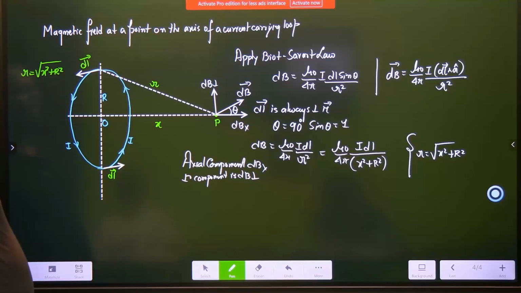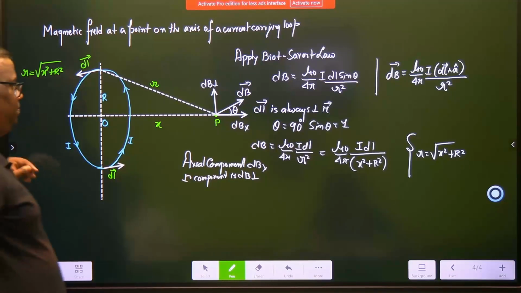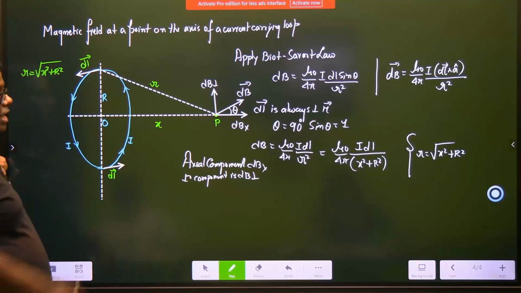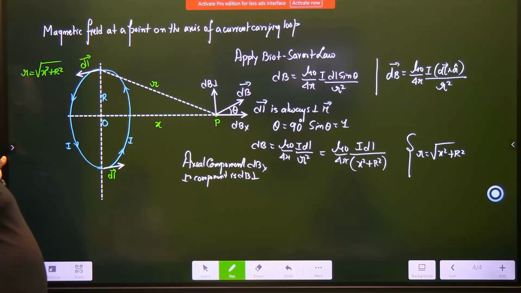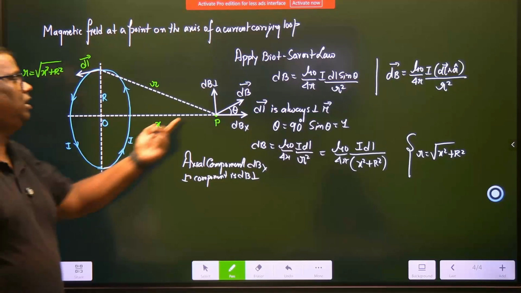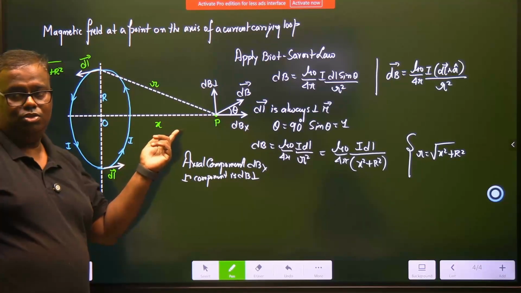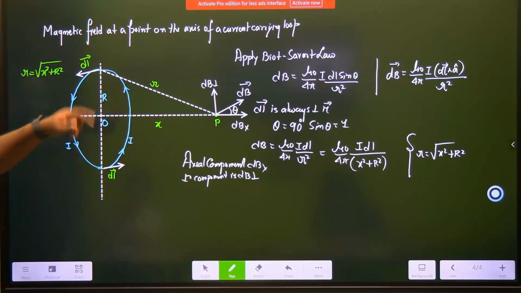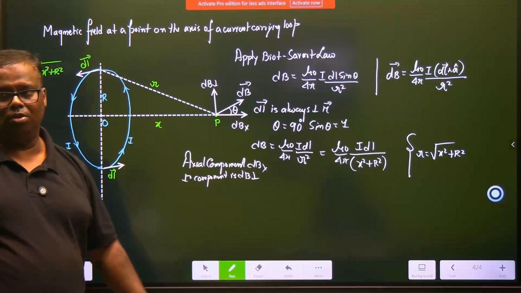Now see the idea. When you see two perpendicular, now this one will come into role. Two opposite current elements will actually nullify the perpendicular components. If you take this component, then you will get a dB on this side. So it will nullify the perpendicular components and only the horizontal components will remain.